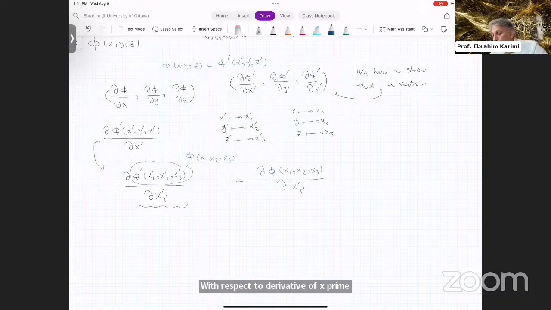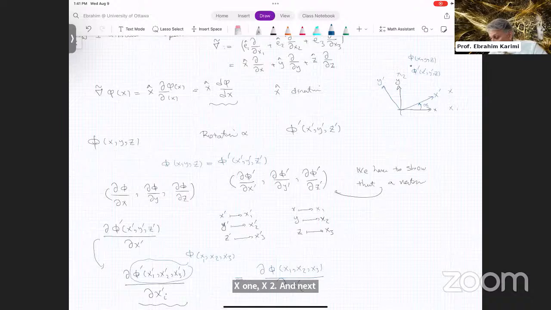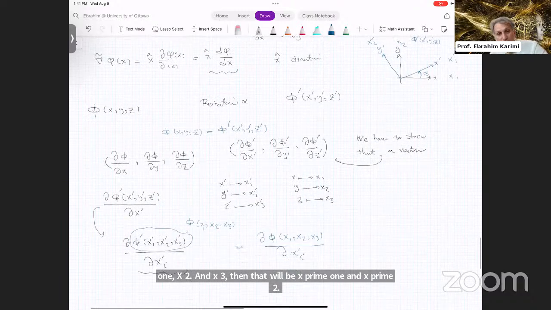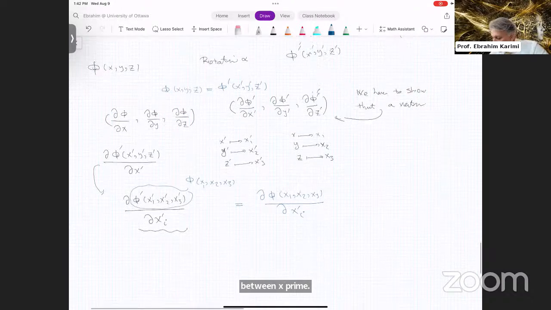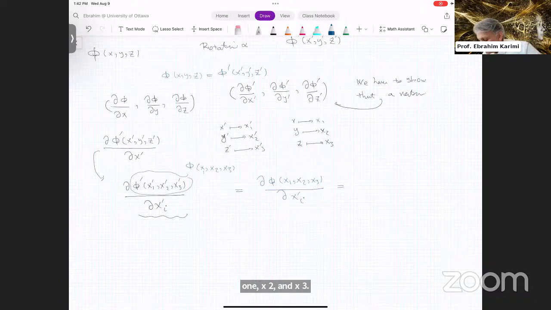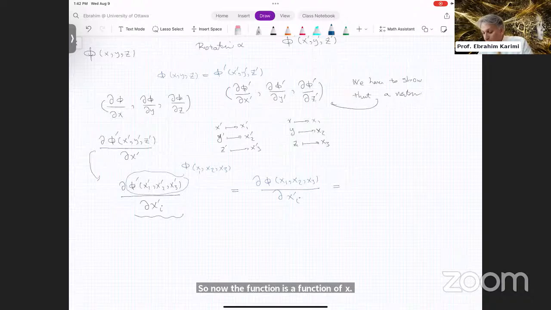So if you do a rotation here, as you see x1, x2, and x3, then that will be x prime 1 and x prime 2. When you do a rotation, there is a relationship between x prime and x1, x2, and x3. So if you take the derivative, I have to take care of all of the partial derivatives here. Now the function is a function of x1, x2, and x3. Then I have to do the chain rule.